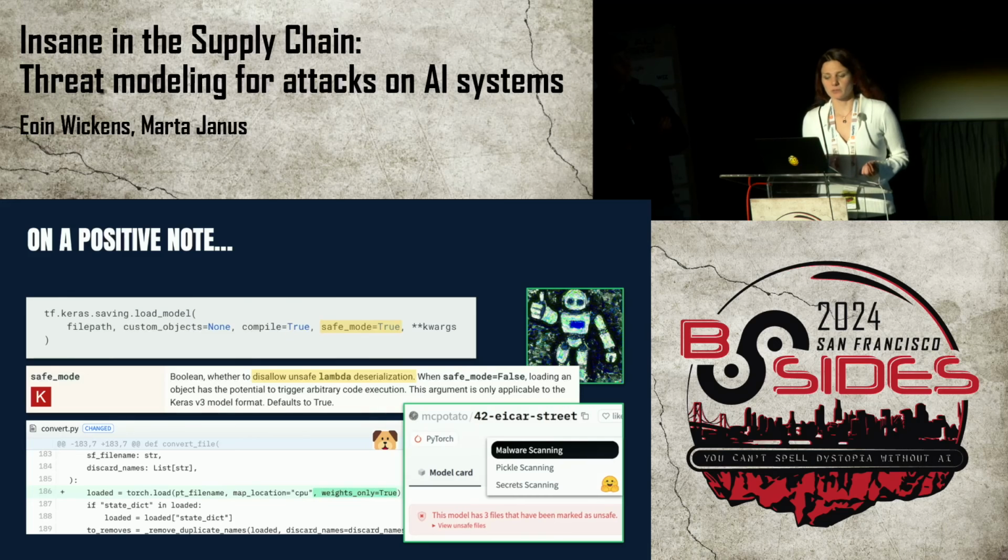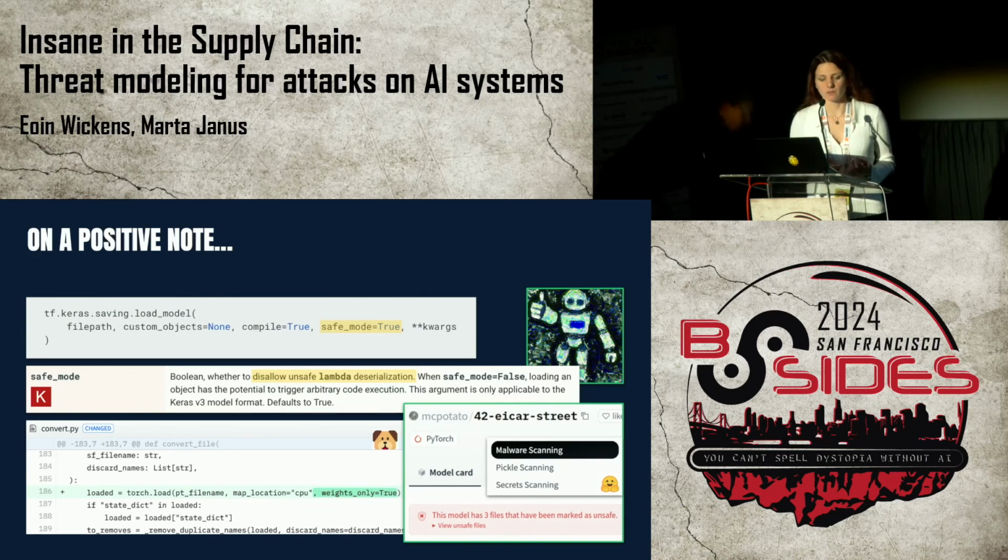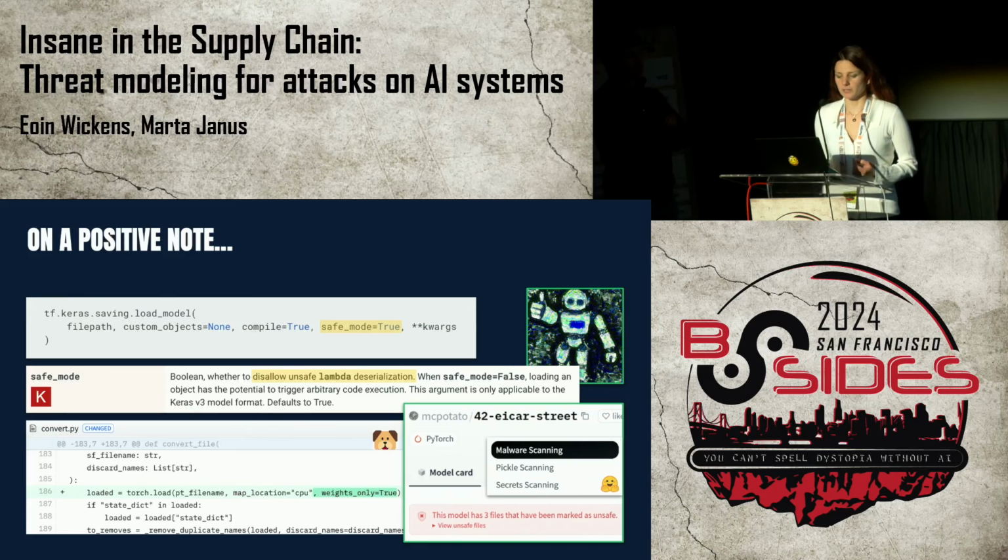Keras, for example, by default doesn't allow deserialization of lambda layers to avoid the code execution. Obviously, Hugging Face fixed the conversion bot as well, so right now it's not vulnerable anymore. Also, Hugging Face is implementing a rudimentary malware scanner on their models, which is really good. Really good that they are doing it, but it's just the first step.